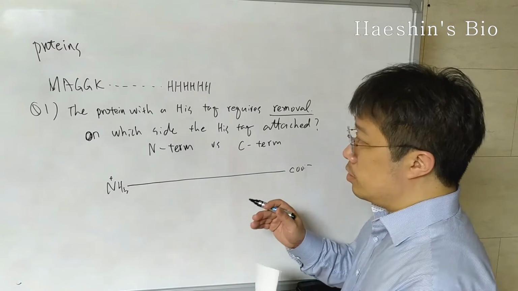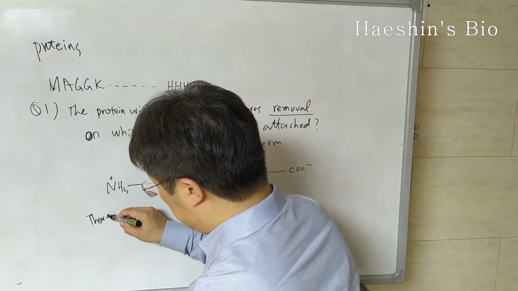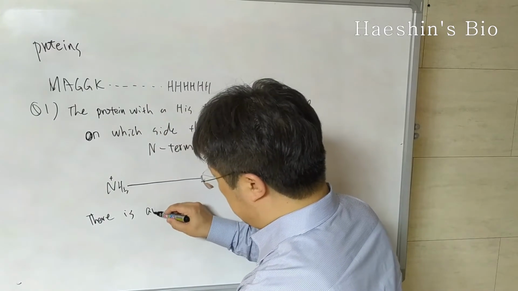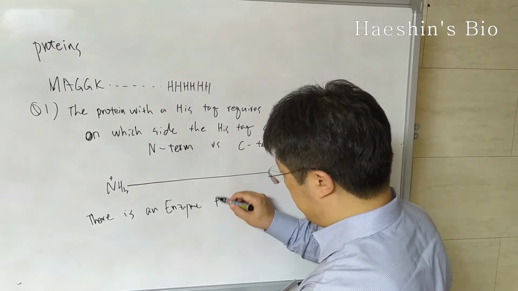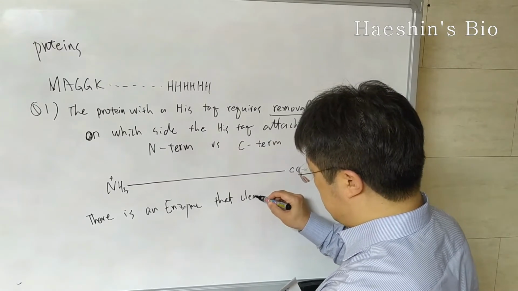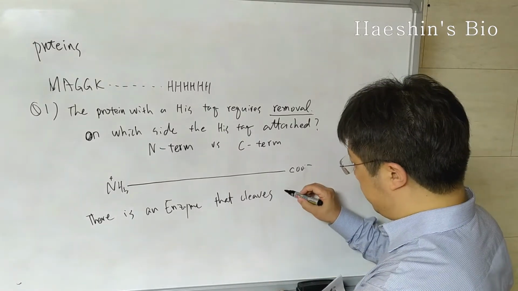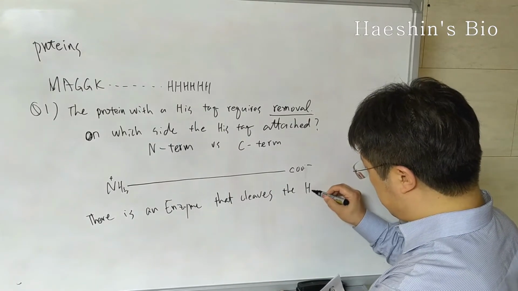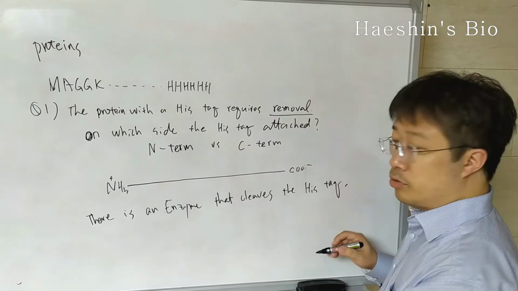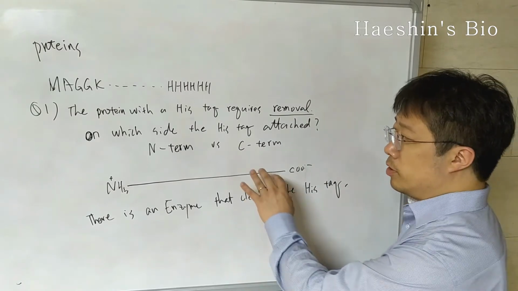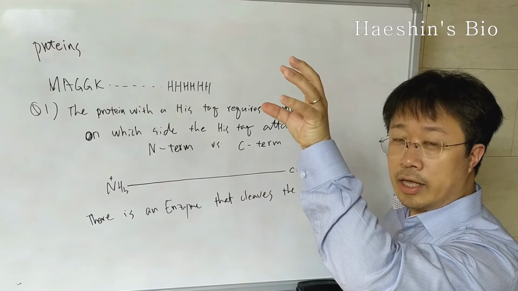To answer this, there is an enzyme that cleaves such a sequence, that cleaves the histidine tag. So imagine a solution with a histidine tag protein and nickel NTA resin.